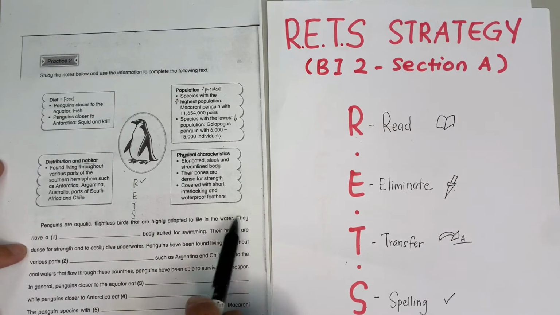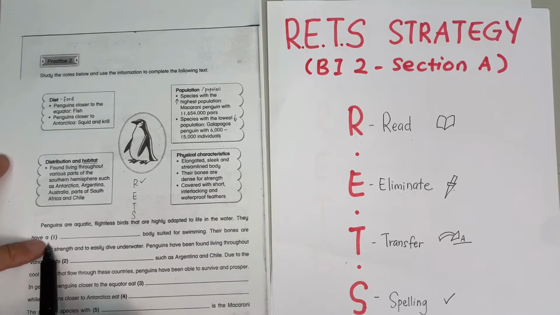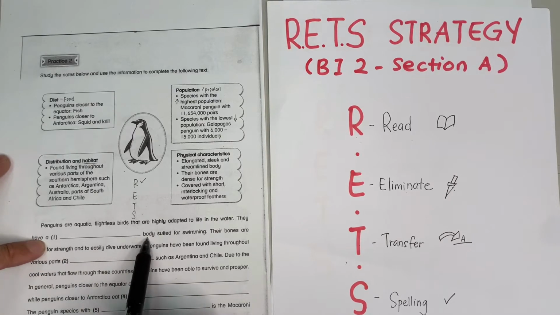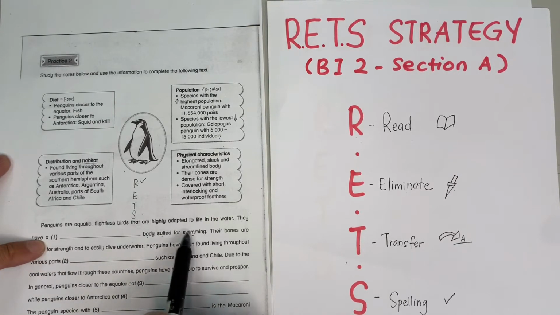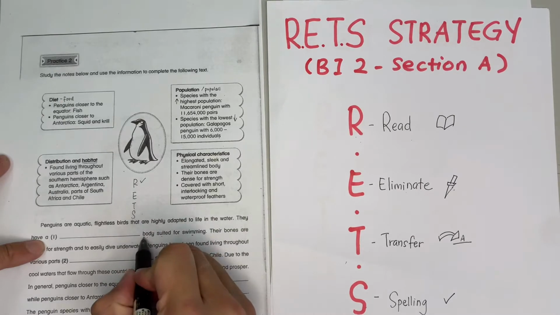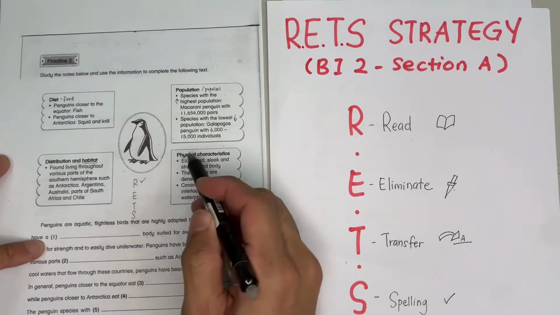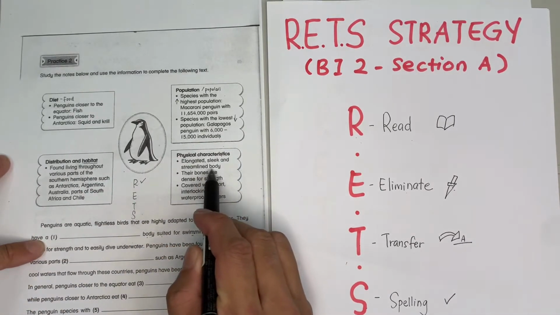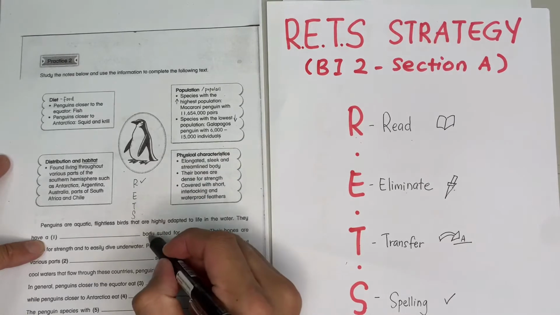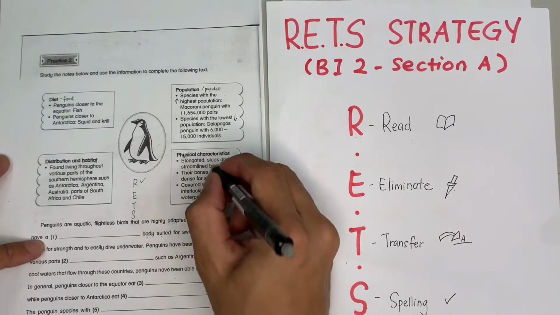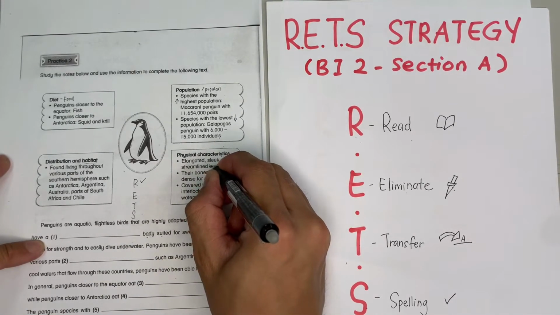Next, they have a blank body suited for swimming. Yeah, the keyword here is body. What body? Was body mentioned somewhere here just now? Yes. Under physical characteristics, we are talking about the body here. So the word body has been mentioned. We're going to eliminate the word body.